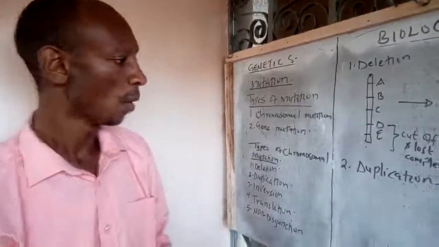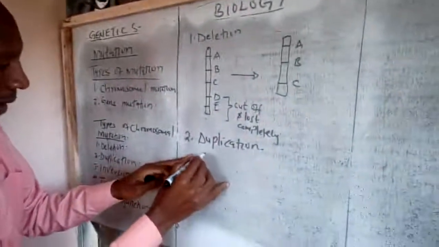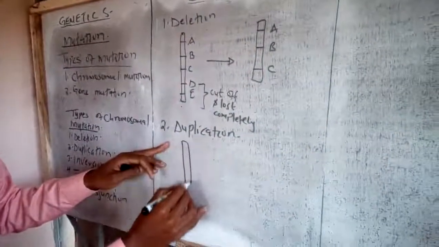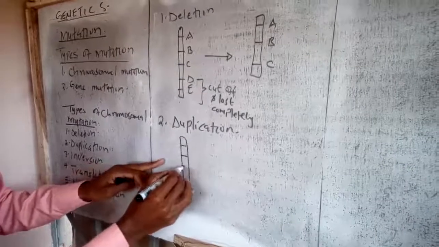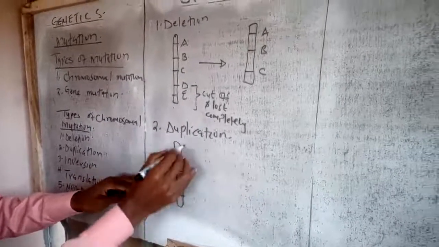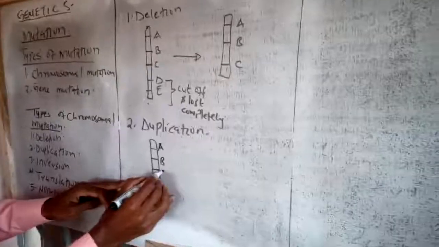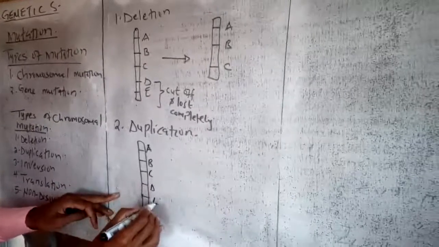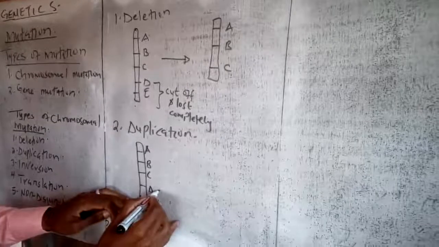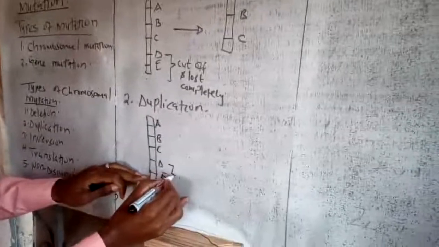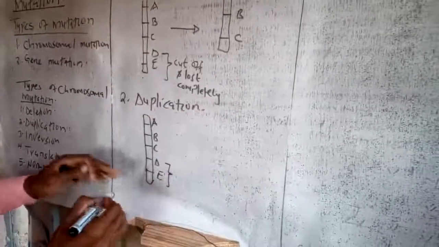For example, we can have the chromatid being like this. I can still use the original chromatid having A, B, C, D, and also E. And what normally happens is that this part which is here, that is D and E, is the one which is going to replicate itself.